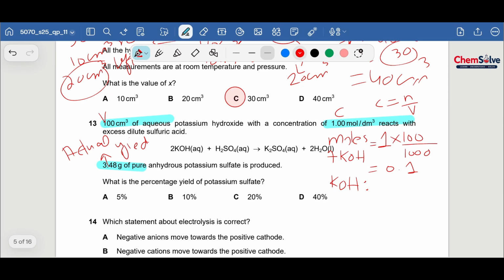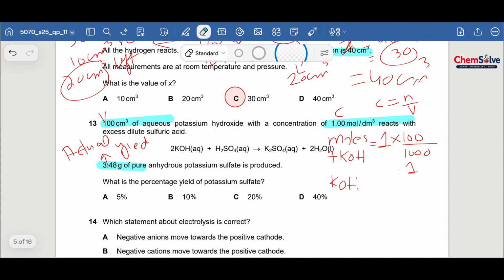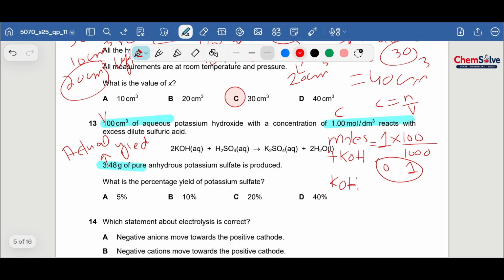Okay, now let's make a ratio between KOH and K2SO4. So you can see from the balanced chemical equation that KOH is 2 and K2SO4 is 1.